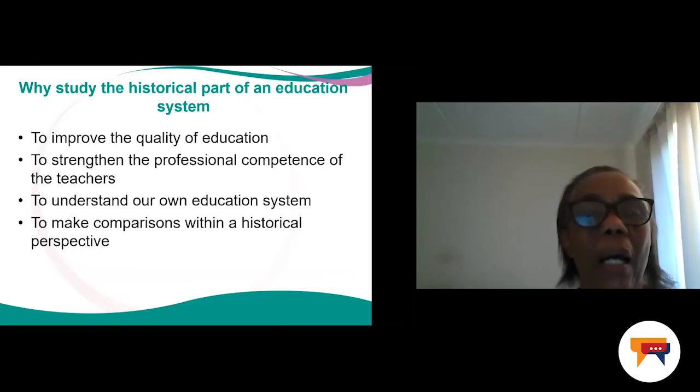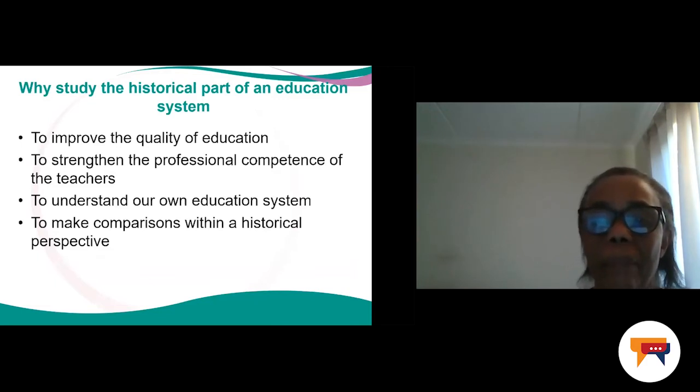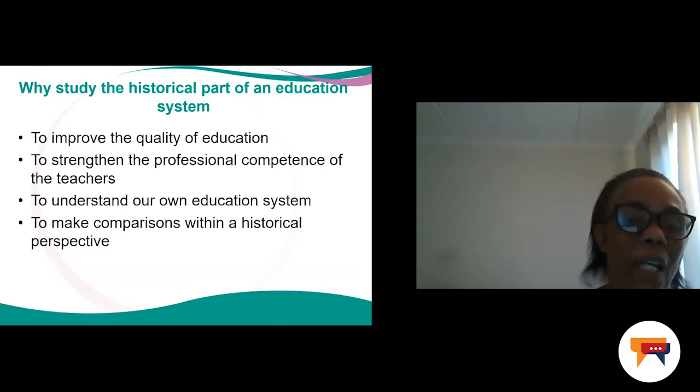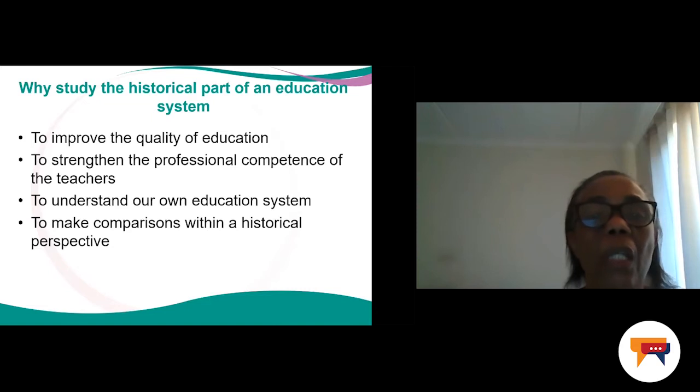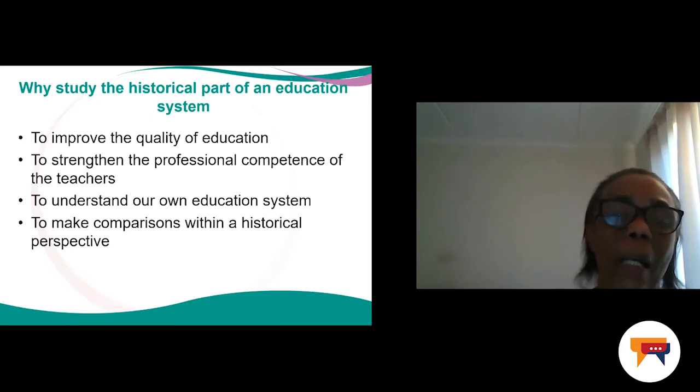The reasons are: we want to improve the quality of education, to strengthen the professional competence of teachers, to understand our own education system, because it is very important to work in a system that you understand, and to make comparisons within a historical perspective. In other words, to see where the flaws were so that they can be rectified.